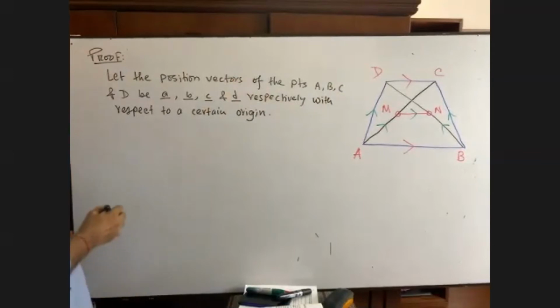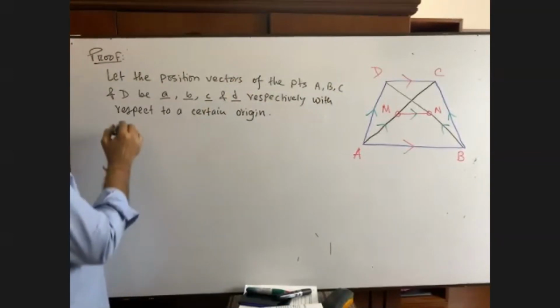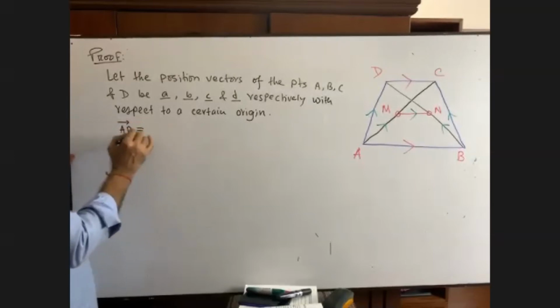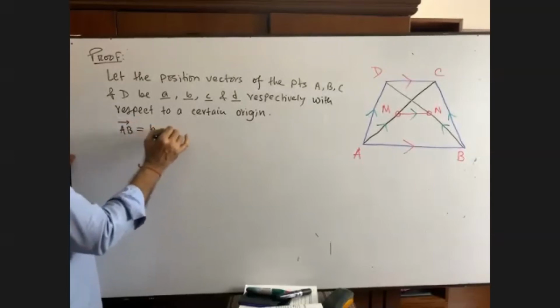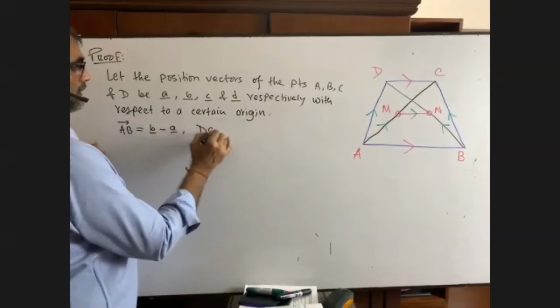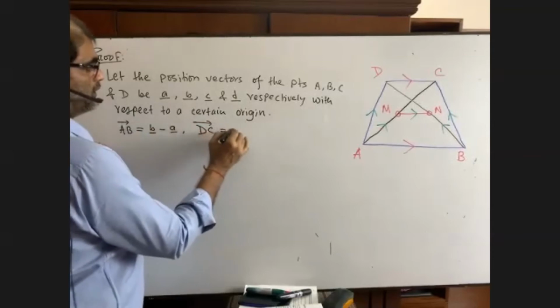Now what do you get here? Let me know. AB equals what? B minus A. DC equals what? C minus D.